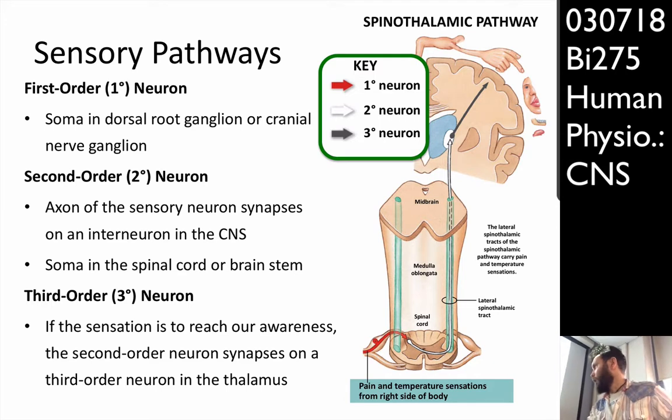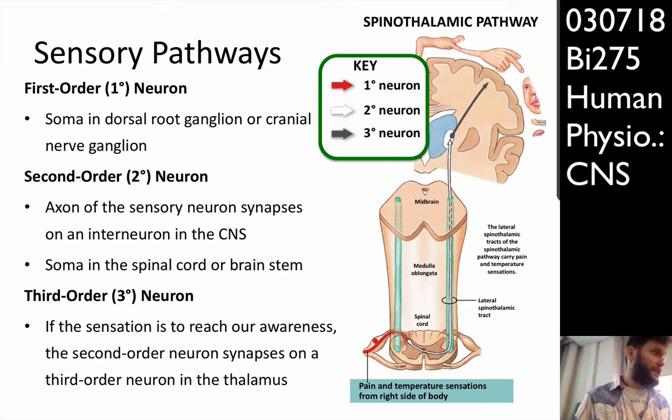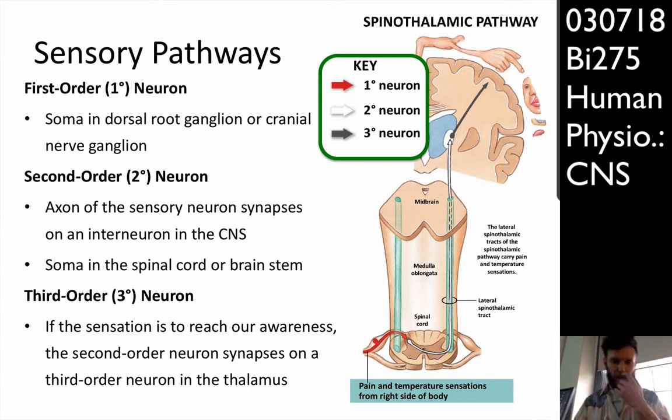The signal comes back, the cell body of which lives in what's called the dorsal root ganglion. When I was showing those pictures of the spinal cord, I didn't really point it out, but on the dorsal, posterior side, there's an anterior and dorsal root. The dorsal root has a ganglion associated with it. That's where the cell body of the first order neuron is.